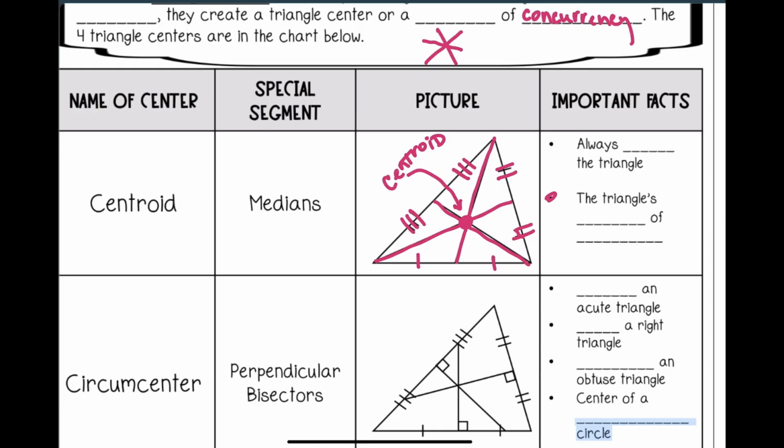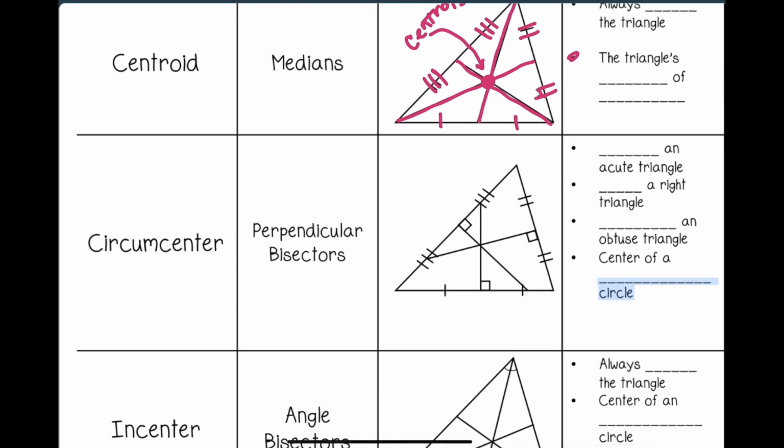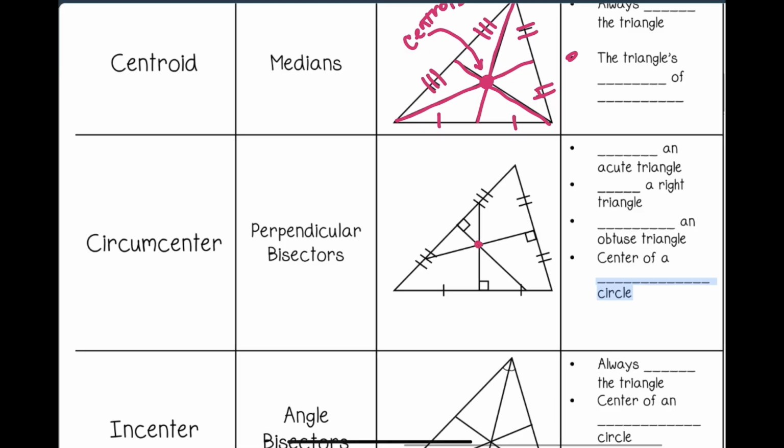It wouldn't fall off. All right, the next one is called the circumcenter. The circumcenter is used with perpendicular bisectors. Remember, they don't necessarily come from the vertex. They cut the side in half and cut it with a right angle. Okay, so this is my circumcenter.